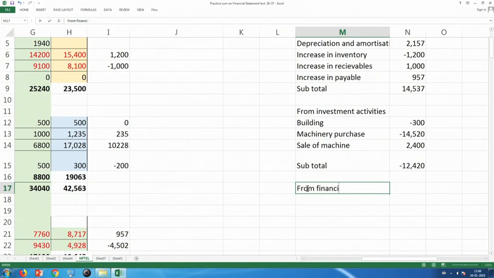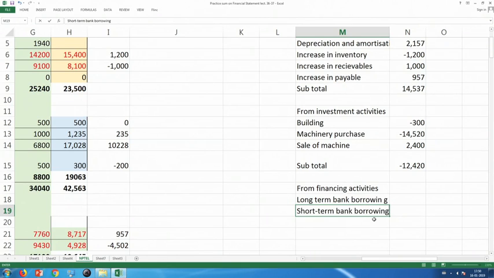Now, let us make cash flow from financing activity. Financing is cash flow from new long term loan, that means long term bank borrowing, then short term bank borrowing, you can put a dash here.